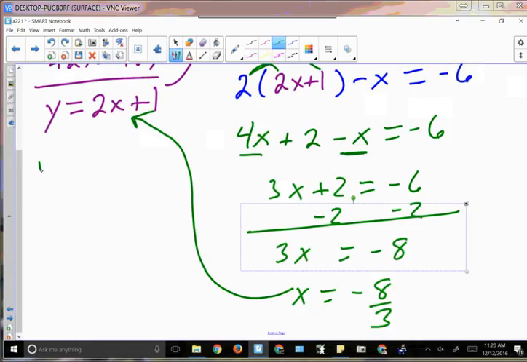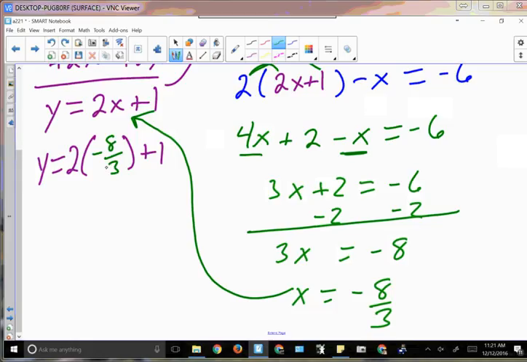So that means that I get y is going to be equal to 2 times, so what was x supposed to be? Well, x was supposed to be negative 8/3, correct? So when I go through and do the math, I get y is equal to 2/1, so 2 times 8 is going to be negative 16/3 plus 1.